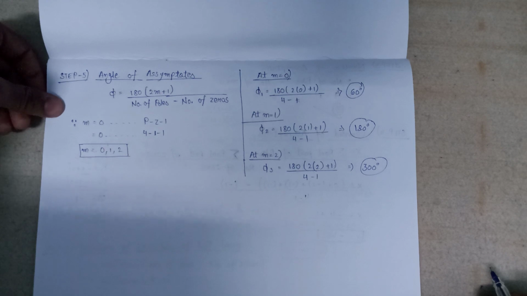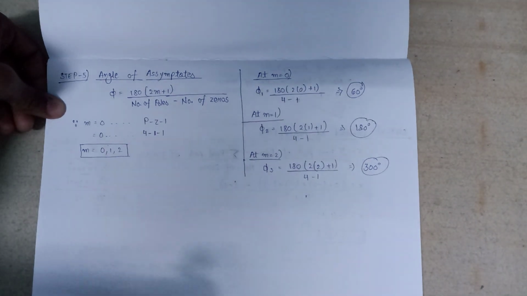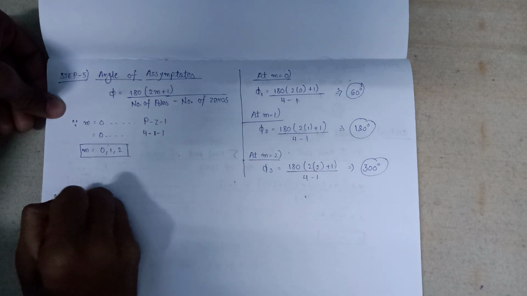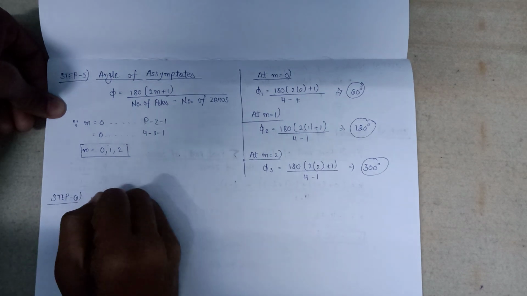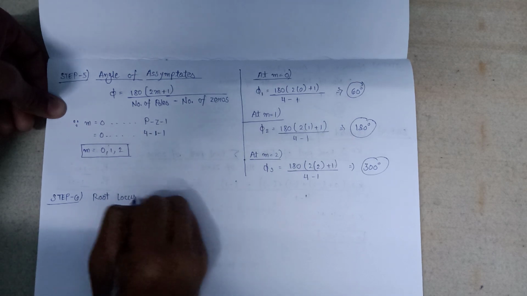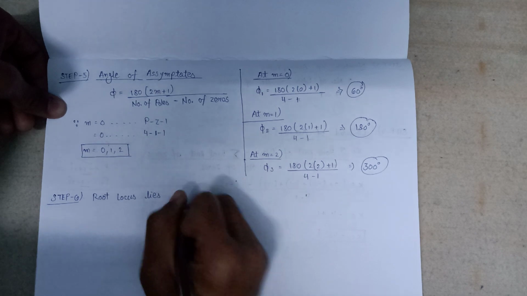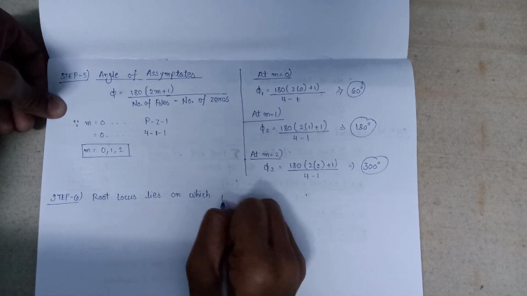Moving on to the next step, that is step number 6. Root locus lies on which part of the real axis?